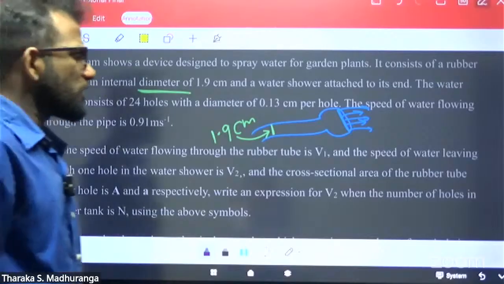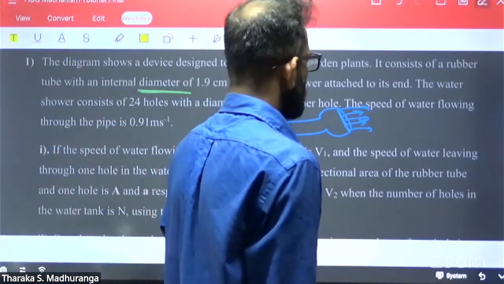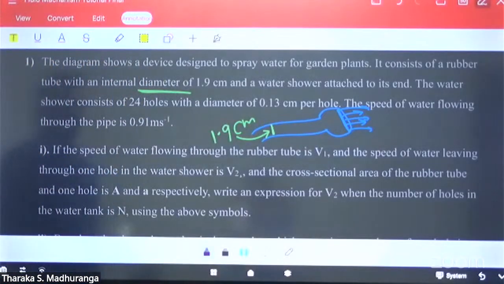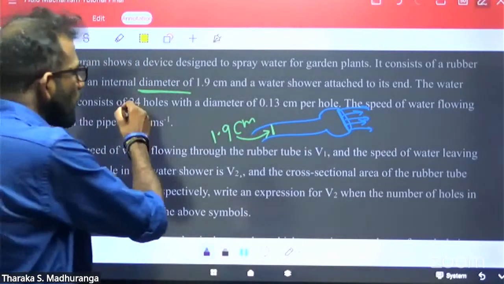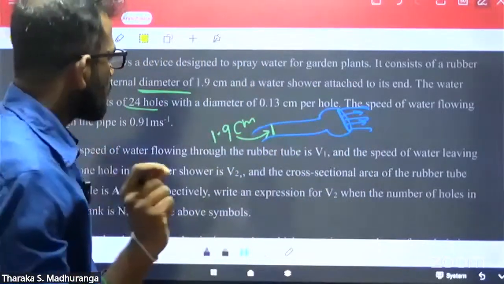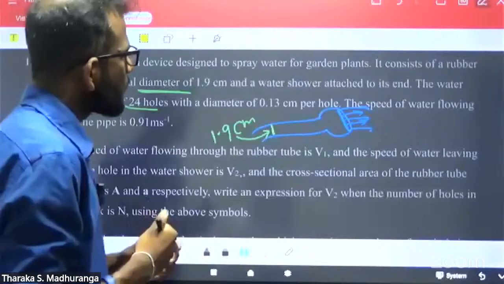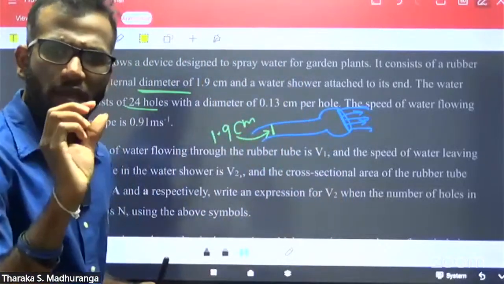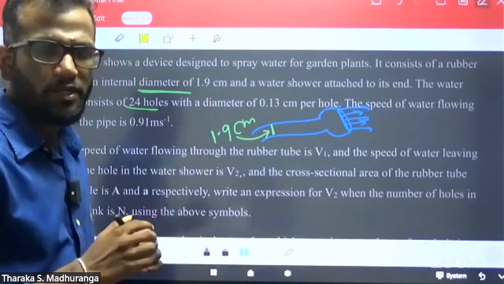And a water shower attached to its end, like this. The water shower consists of 24 holes, small holes, each with diameter 0.13 centimeter.